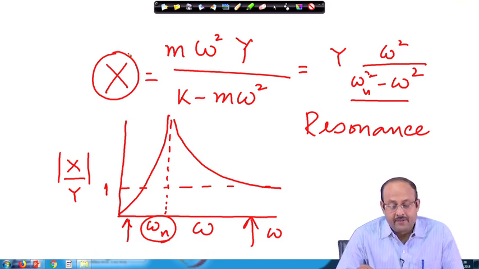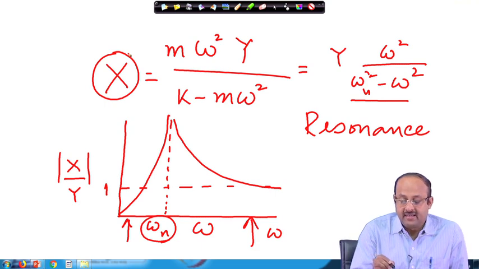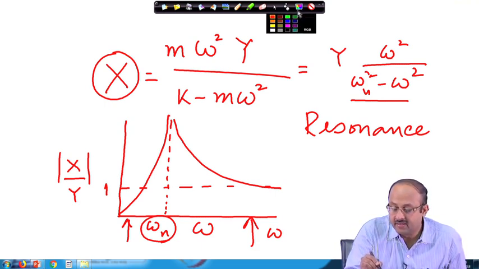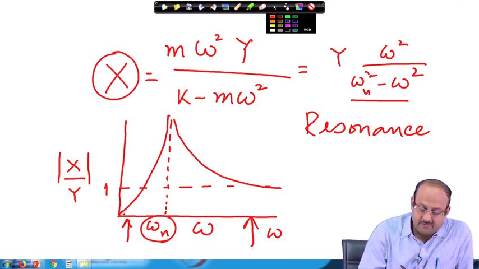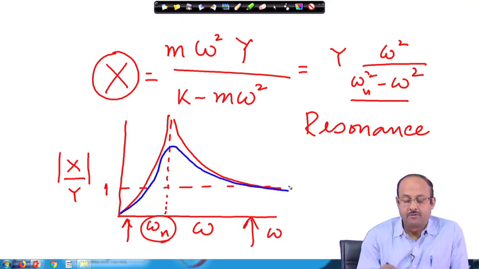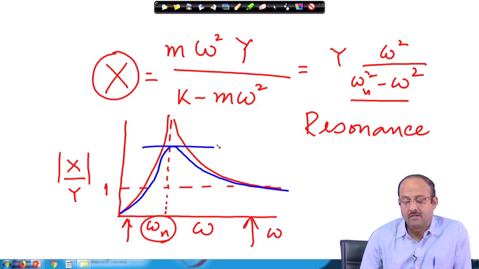Now, what will happen when the damping is included? Then this becomes changed, and in that situation, if we have a small value of damping, then the response will be something like this. It will be bounded. So, it is not unbounded like this.